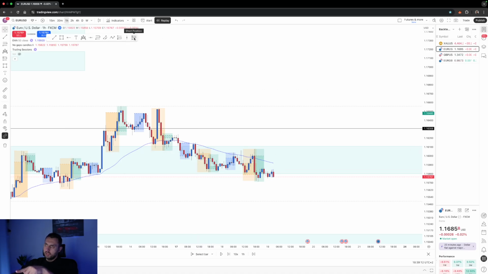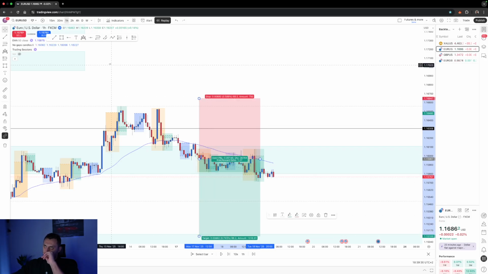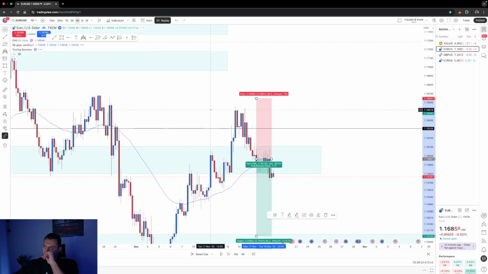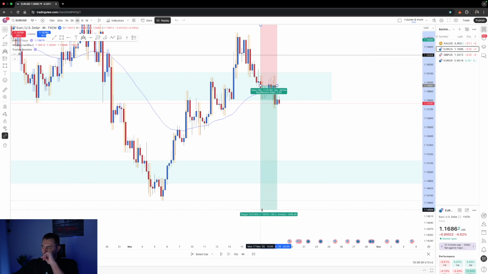So basically, let's see here. The stop loss would be like 68 pips. So the take profit would have been somewhere around, let's see if it makes sense.